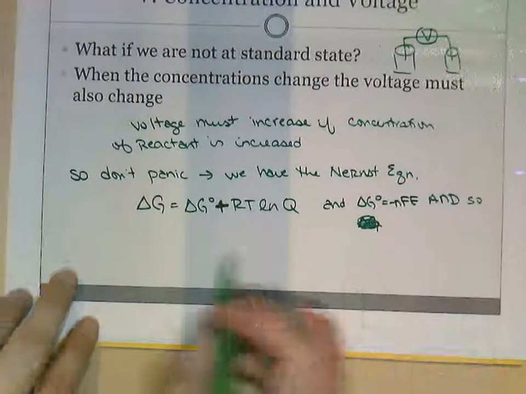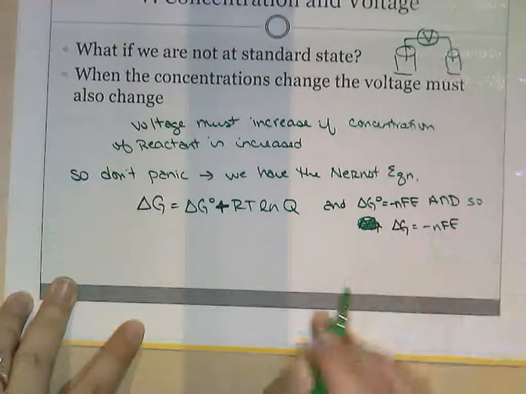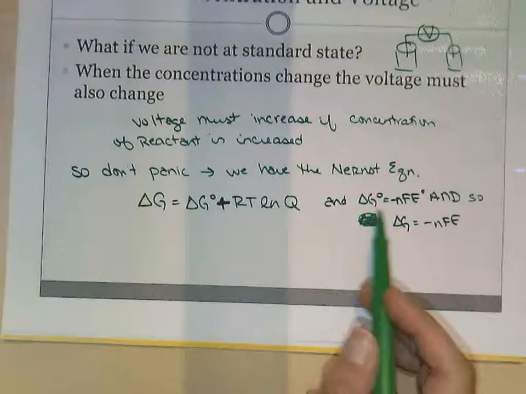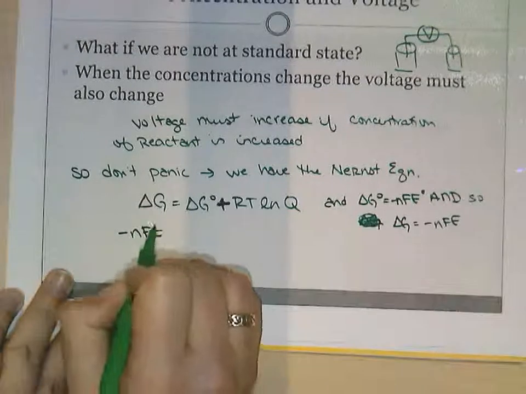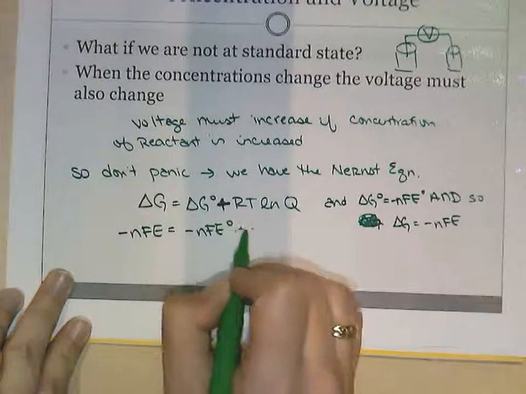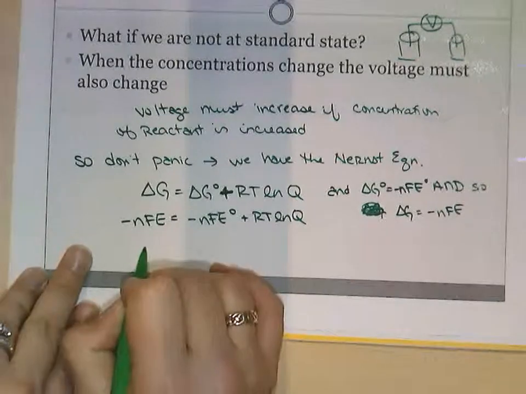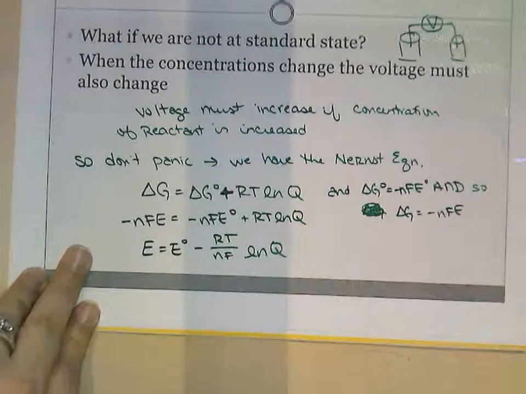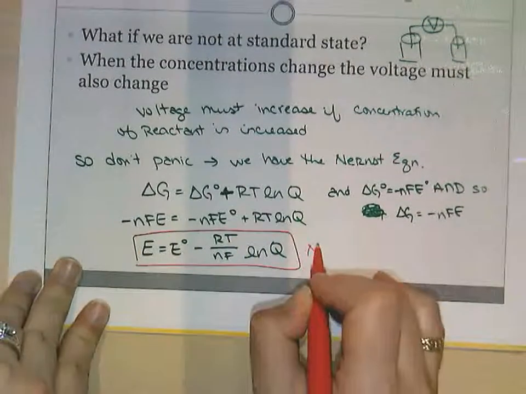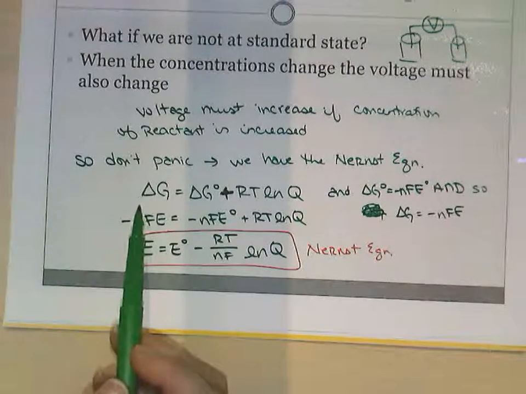We can also write a similar equation for this. My non-standard state G is related to my non-standard state E. So standard state G is related to standard state E. Non-standard state G, non-standard state E. So, just like last chapter, non-standard state G is related to standard state through some adjustments to the fact that we're not at equilibrium, right?